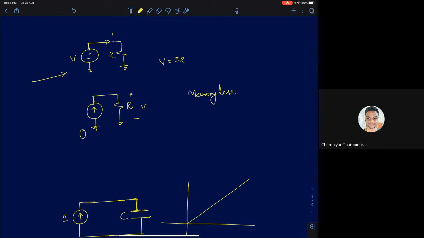In the second picture, a current is being injected into the resistor, and if the current goes to zero, the voltage across the resistor will also go to zero. Such a two-terminal element is what we call a memoryless element. It doesn't store or have any memory of the voltage or current that was there previously.